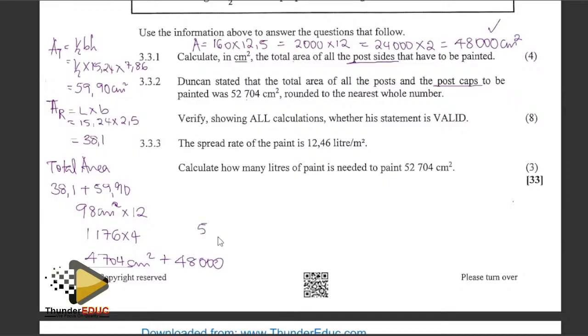Indeed, the answer becomes 52,000 centimeters squared.